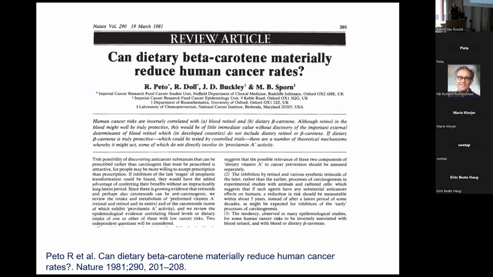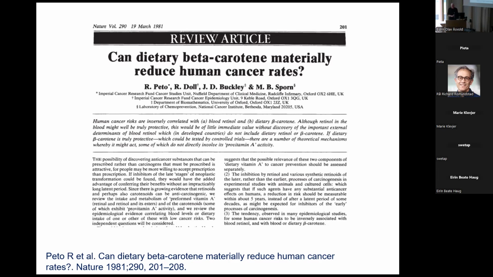And what really is a brilliant paper, and I suggest if people are interested in this area at all, it's a paper well worth reading, was this exercise in what is basically a sort of triangulation of evidence that I was talking about on Friday. They put together evidence from rather small human epidemiological studies on beta carotene intake.